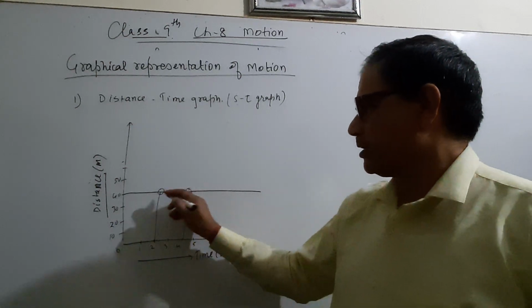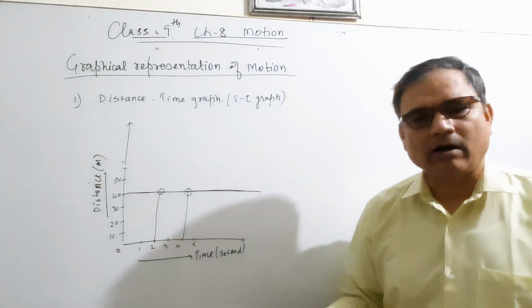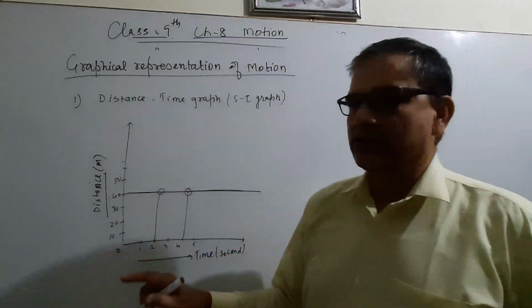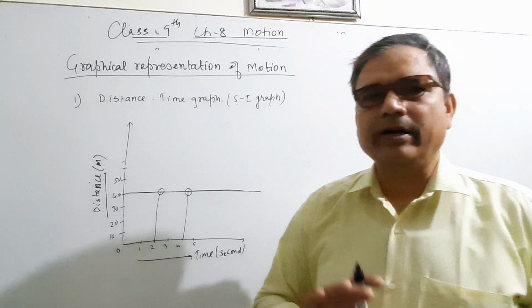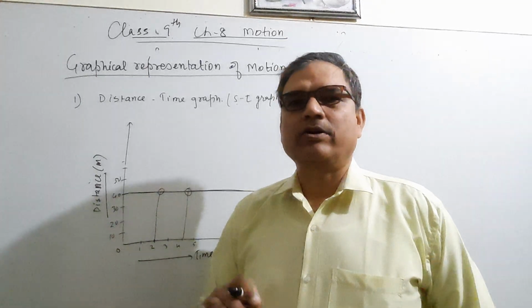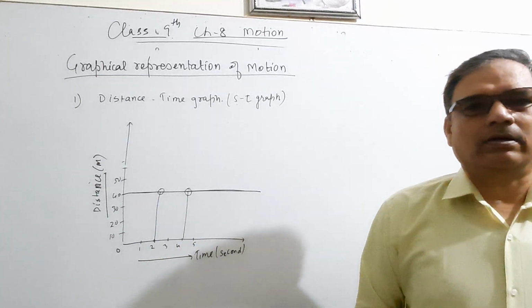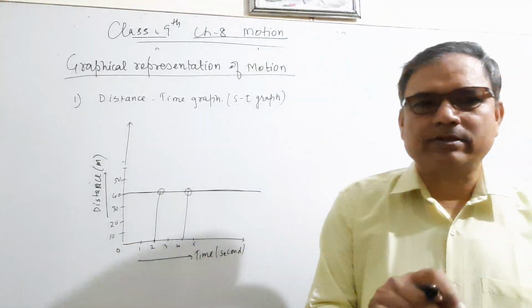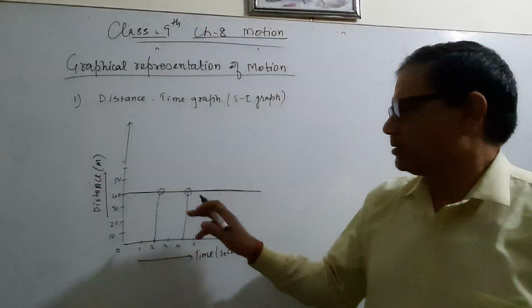It means the distance is always the same after 2 seconds, 3 seconds, 4 seconds, 5 seconds. If the distance is the same in a given interval of time, it means the object did not change its position. With respect to surroundings and with respect to time, its position is the same. That indicates rest.